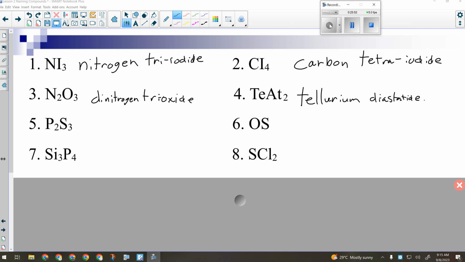So our first one here, we got 2 phosphorus, so we're gonna need diphosphorus. Phosphorus. Okay, trisulfide. Okay, what about number 6? Oxygen monosulfide.